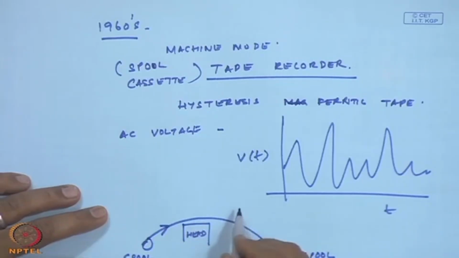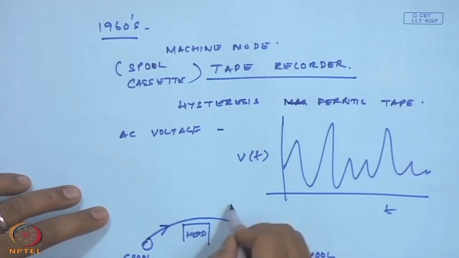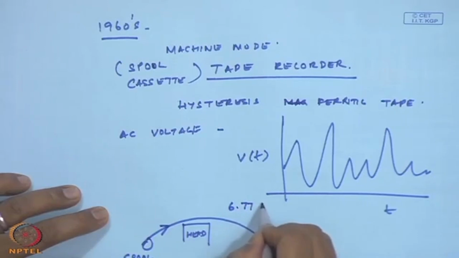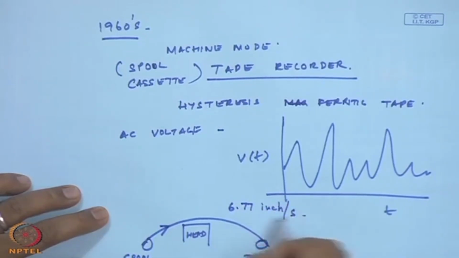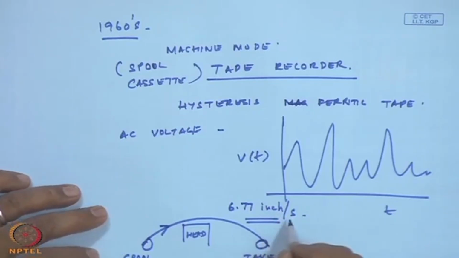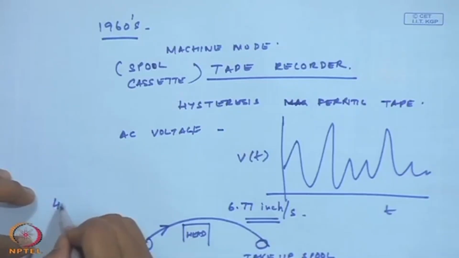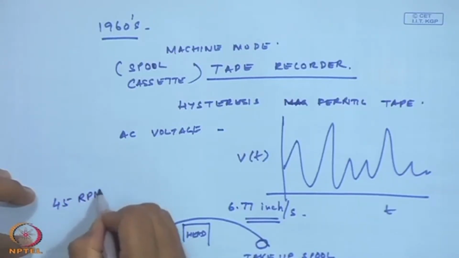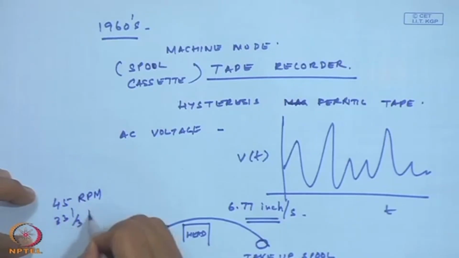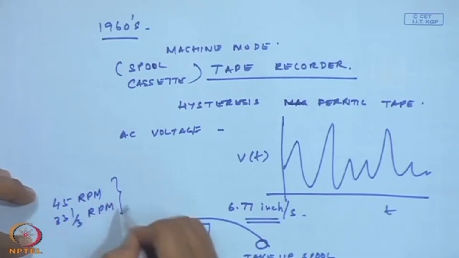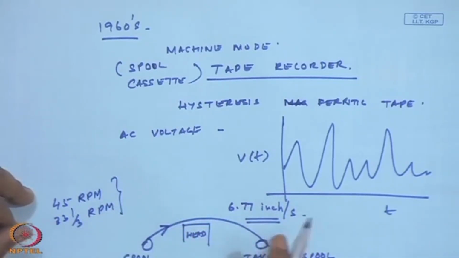And they go at a particular speed, and some of them could be 6.77 inch per second, and this is a value of the industry format. Then it was in the inch per second speed, linear speed, and this is dependent on the RPM. We used to have the old LPs at 45 RPM or 33 and 1/3 RPM, etc. So, these are the particular speeds at which these things used to run.